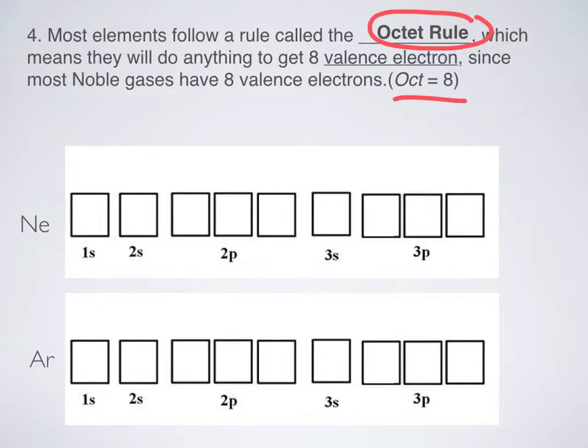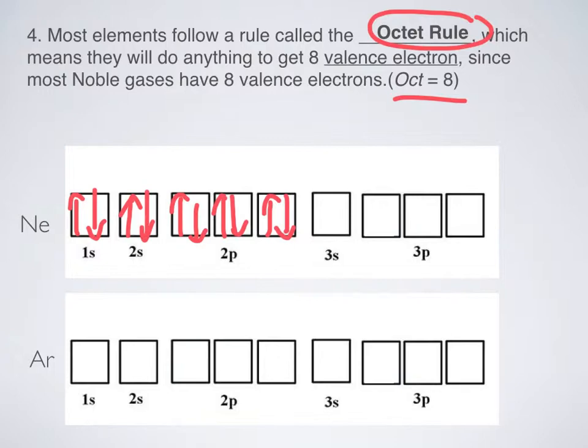Okay, this is basically just review, and make sure you draw these also in your notes. Neon has 10 electrons, so I start filling it in like this, following my rules of orbital diagrams, and I stop there. That's the noble gas configuration for neon.